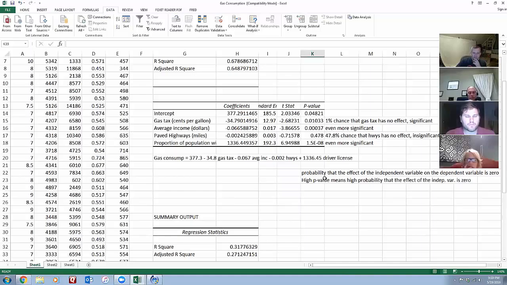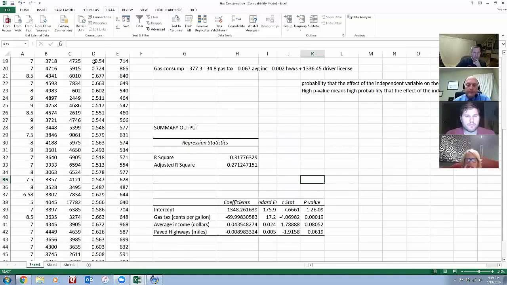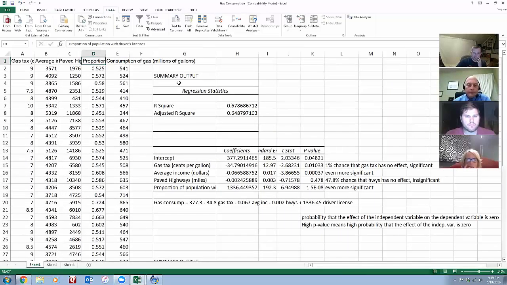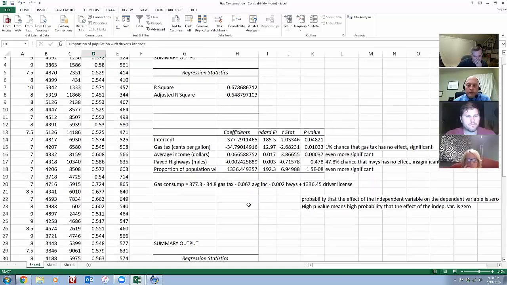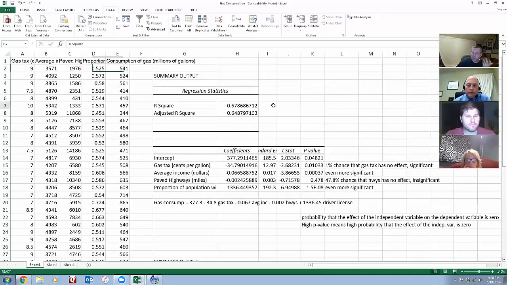So I've got these results. I dropped my proportion of the population with a driver's license variable. And if you're asking about comparing between each model, the R squared and the adjusted R squared are the statistics that give you a sense of how well your entire model does.